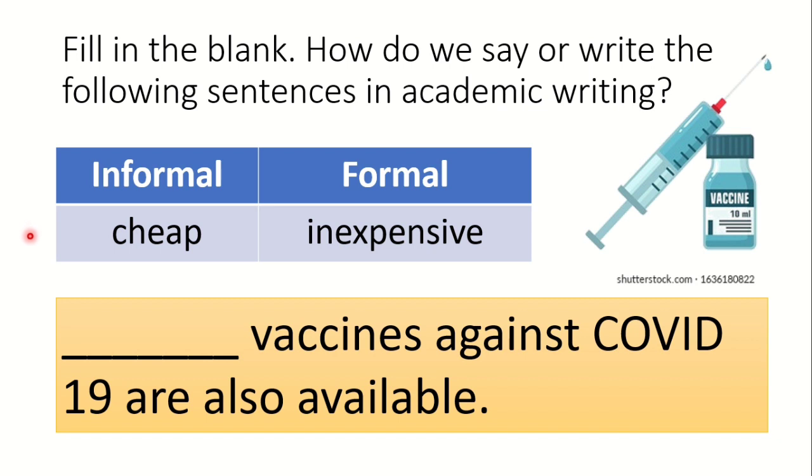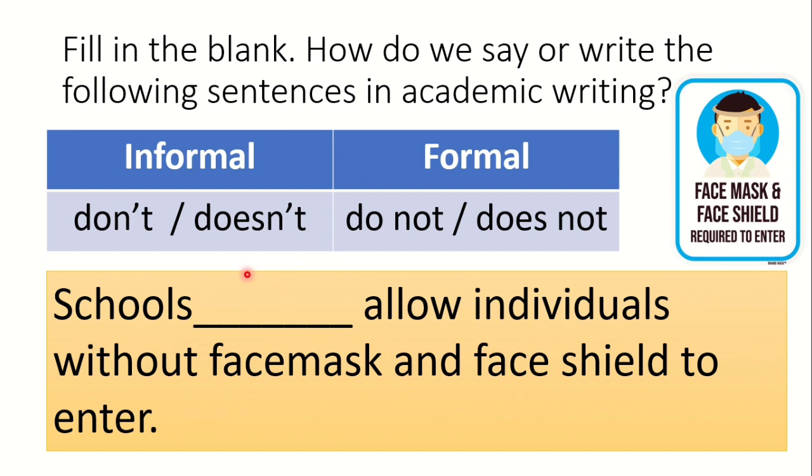Sentence number 2. Choices are cheap, inexpensive. Kindly read the incomplete sentence. Begin. What is the correct word for academic writing or for writing an essay? Inexpensive. Correct. Very good. And for the last example, don't, doesn't. Do not, does not.